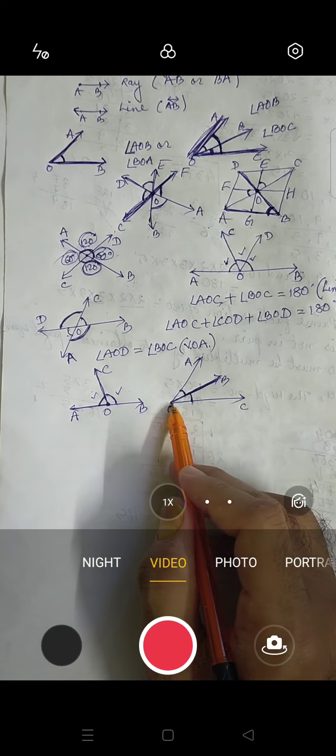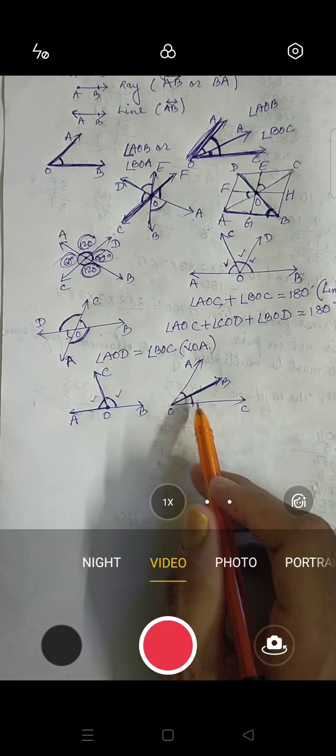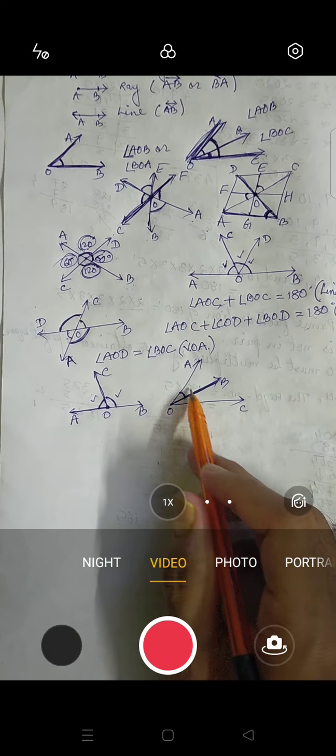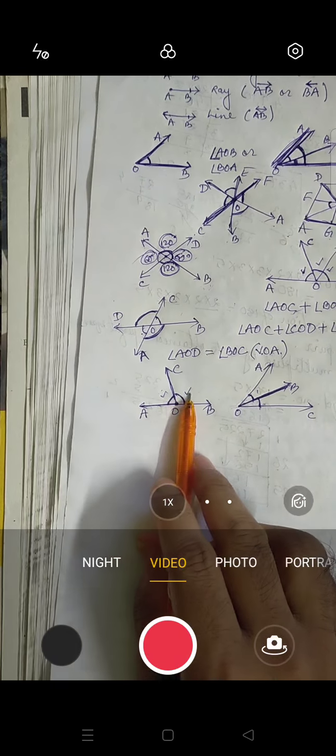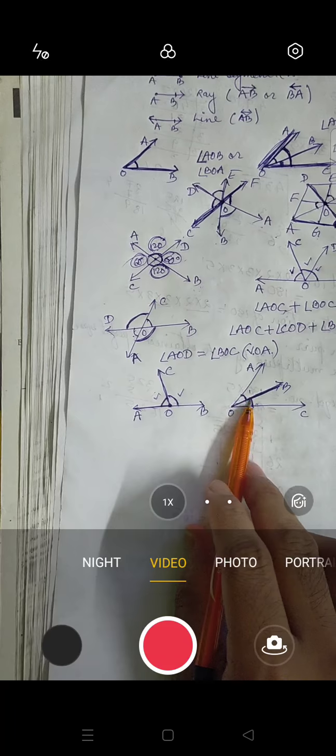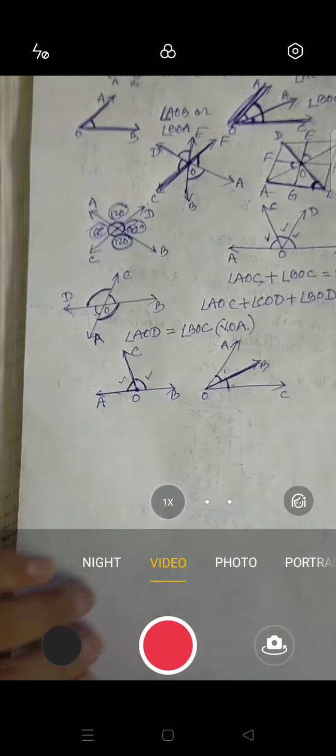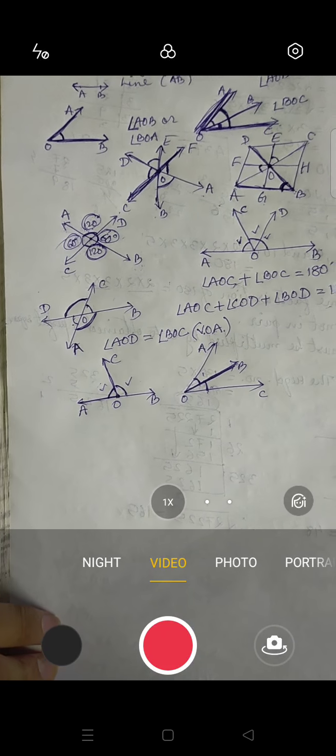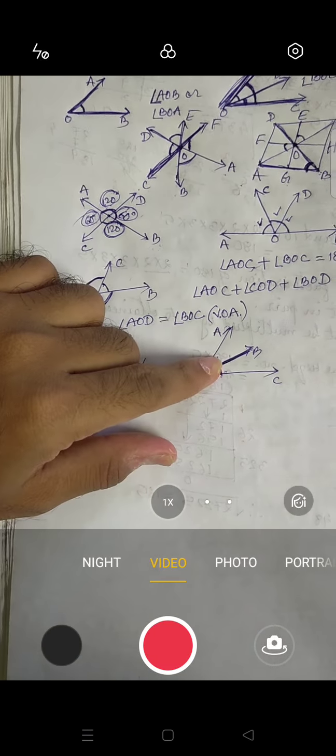Okay. So we will say that they are adjacent angles, but they will not add up to 180 degrees. In this case they are 180 degrees, but here it is not 180 degrees. It means that the sum of adjacent angles may or may not be 180 degrees. Here it can be 180 degrees, but here it cannot be 180 degrees. Now the question arises.